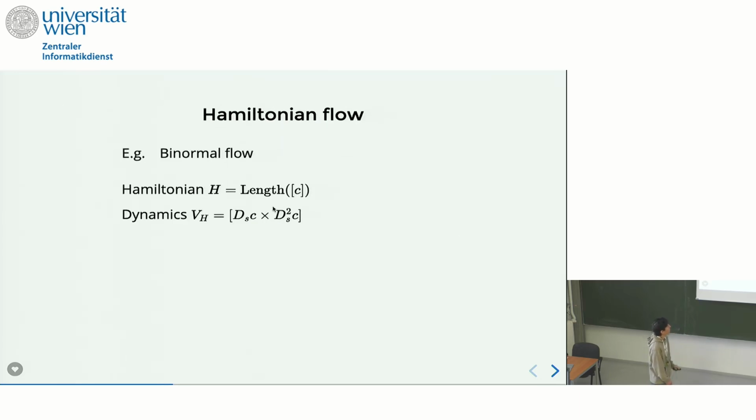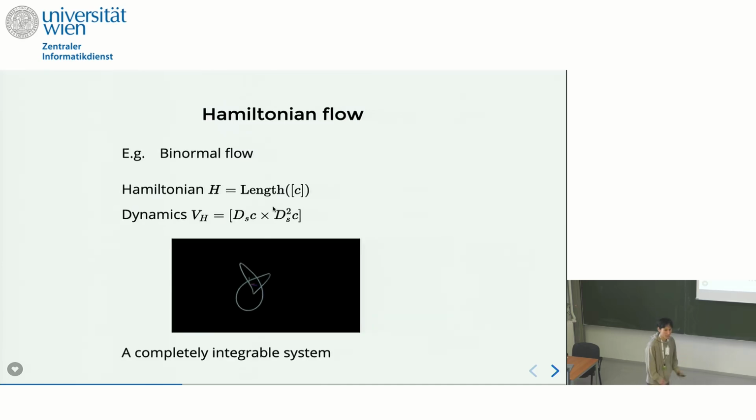And let me show you an example of Hamiltonian flows. This is called the binormal flow. Some people call it the Bauer experiment. I take the length function as the Hamiltonian. And as a result, I get this binormal times curvature vector field. And it looks like this. So my curve is evolving under this binormal flow.